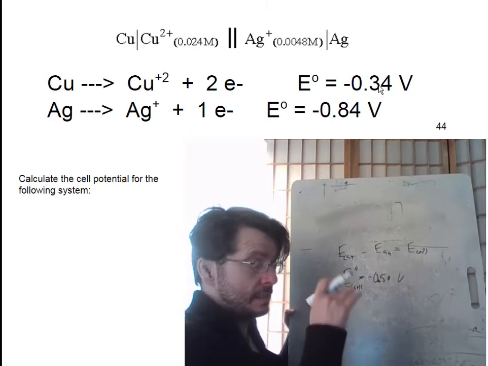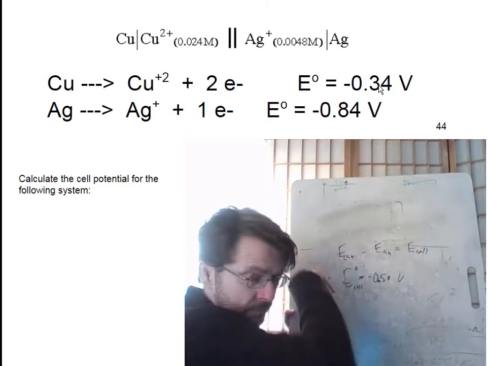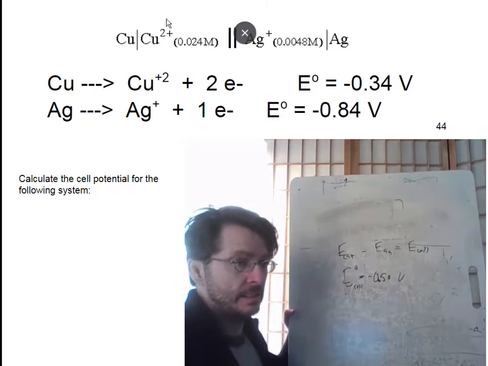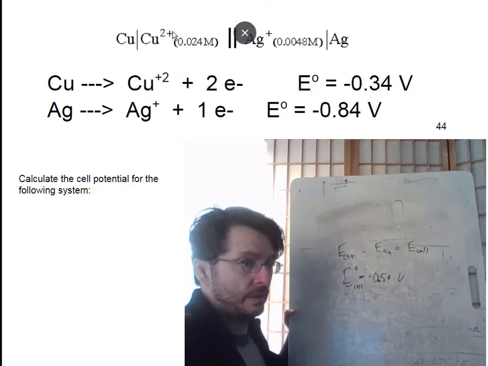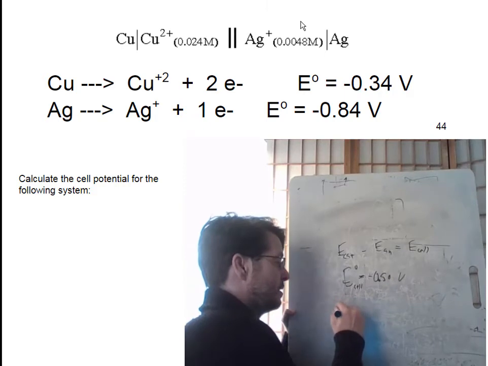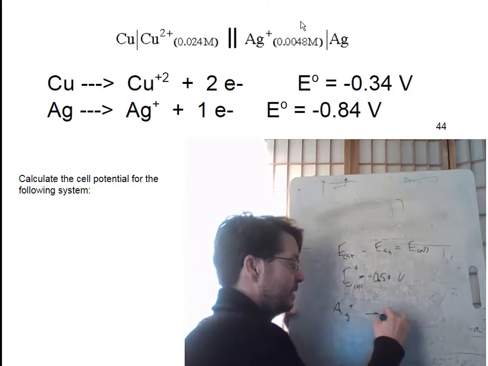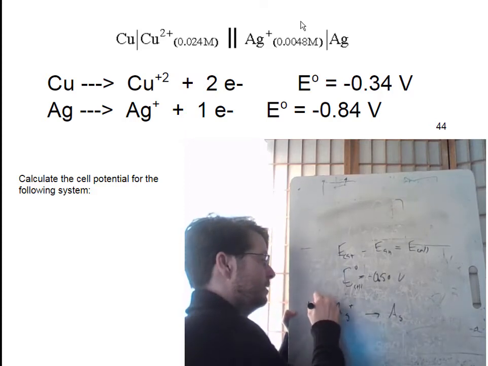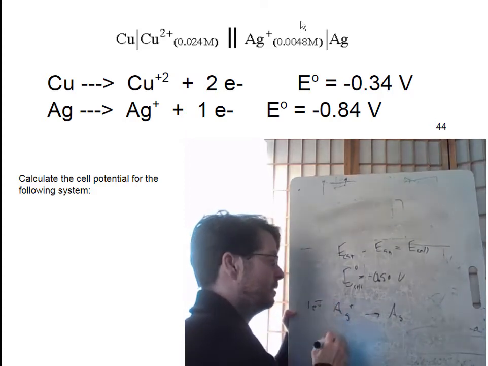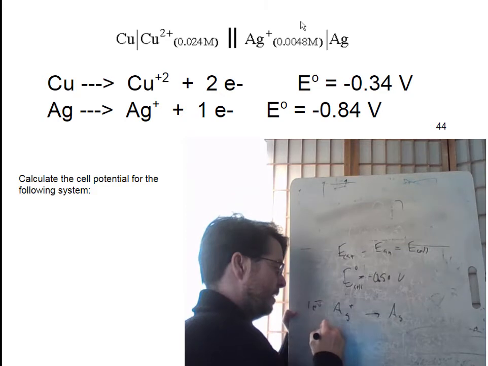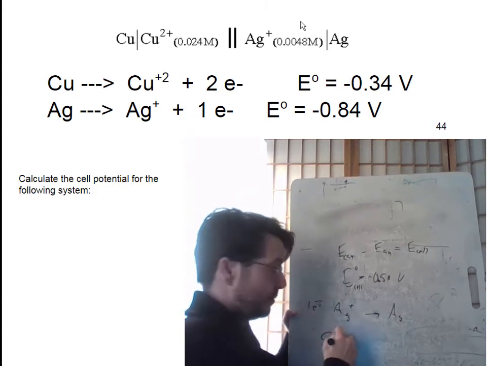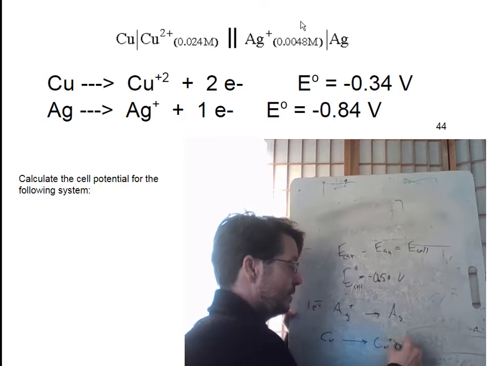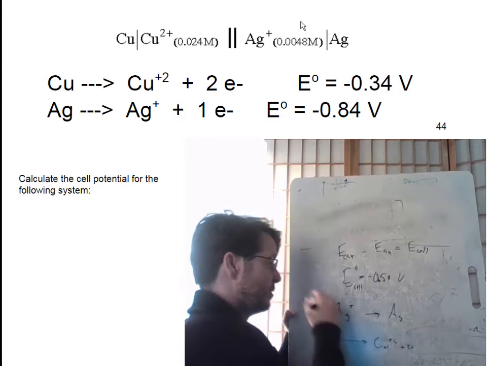as written, it's anode, cathode. So silver plus going to silver, that's going to be a 1 electron reduction, and then the oxidation in this case would be copper going to copper plus 2 electrons, and so that's a 2 electron process, so we're going to have to balance this.